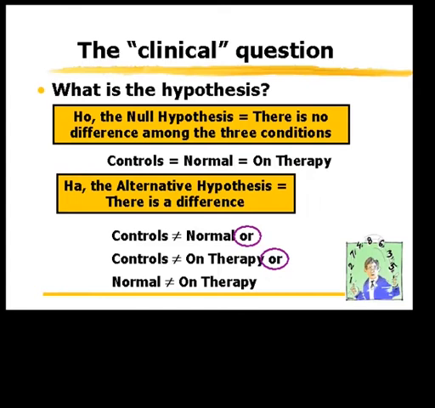What that means is that it tests whether there is a difference amongst one of those three different conditions. It does not tell you which specific condition will be statistically significant one from the other, but only that there is a statistically significant difference.